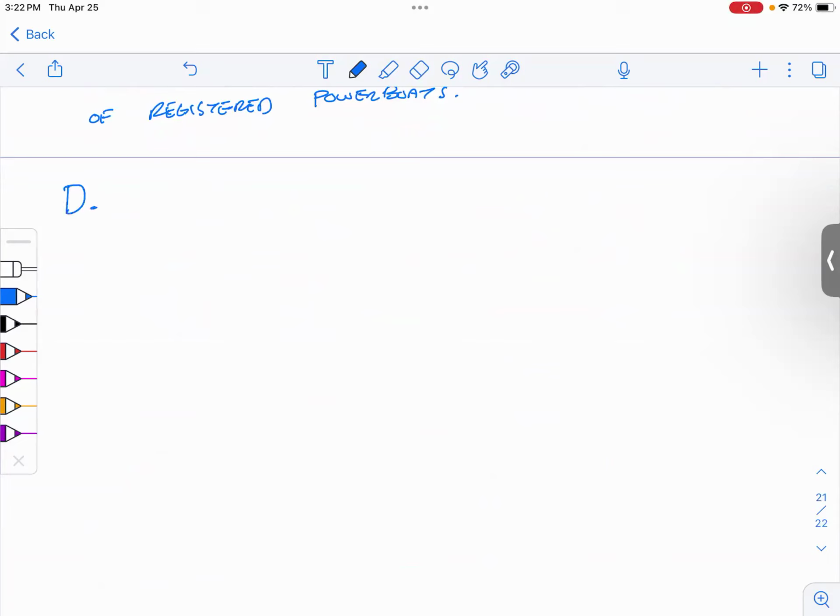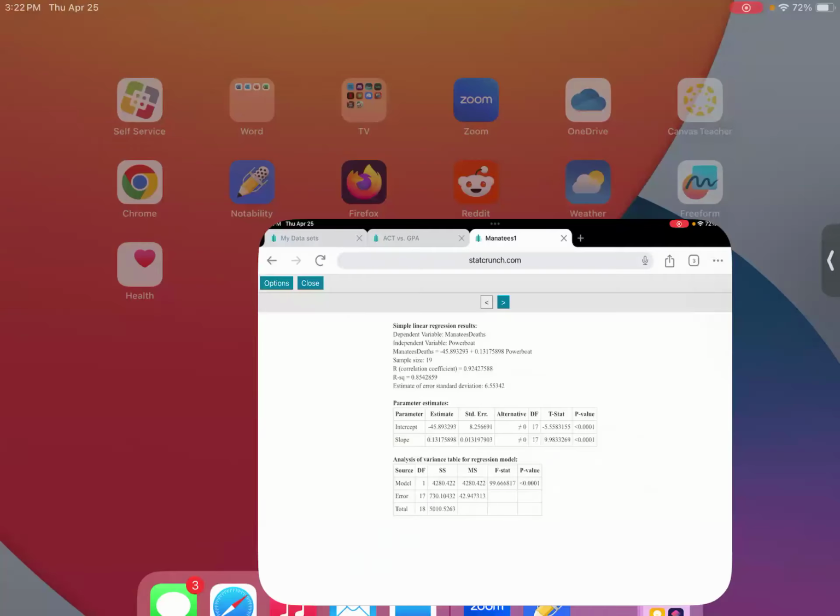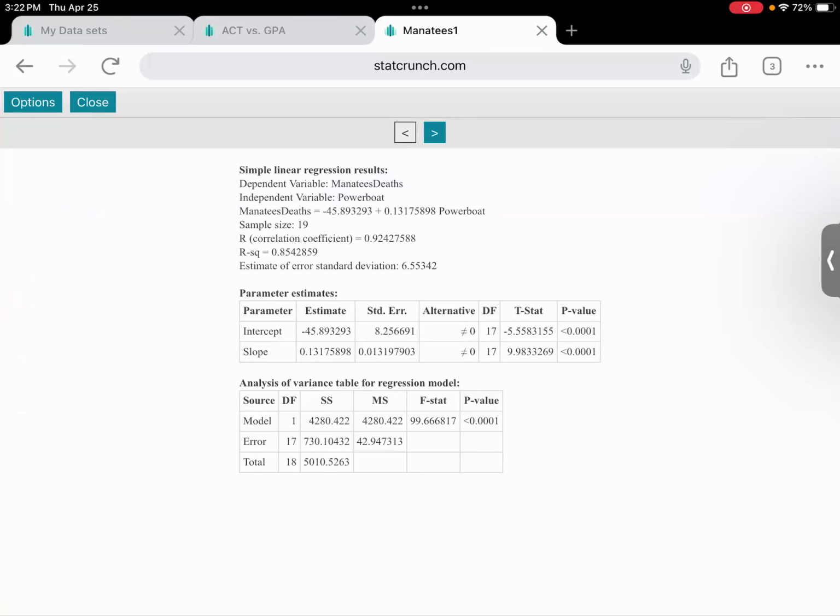The R squared interpretation is the one about variation. Approximately, okay, so we need our numbers. Now here's the good news. We just pulled R. Oh, look, right here, R squared: 85.43.